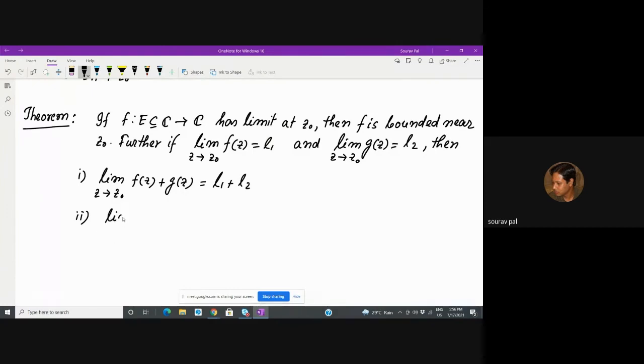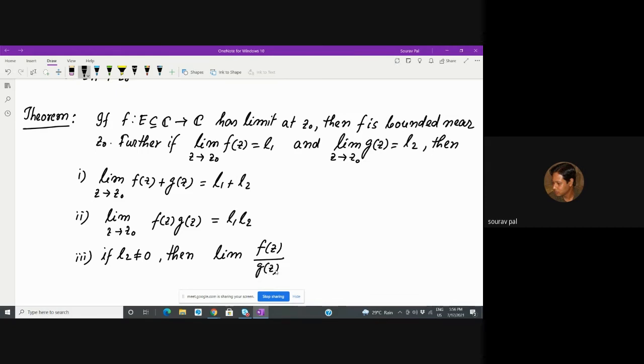We all know about this: their pointwise product will give you back the product of limits. And number 3, if this L2 is non-zero, then you have the limit of f(z) by g(z) is L1 by L2.